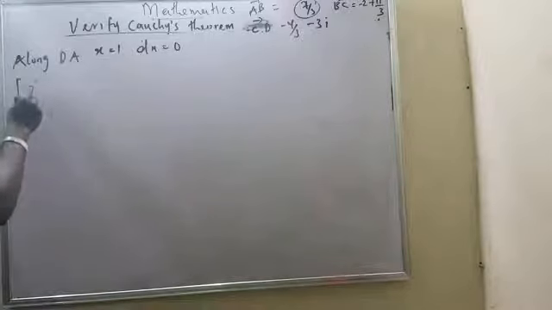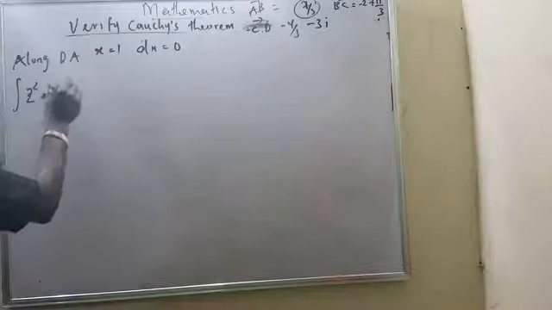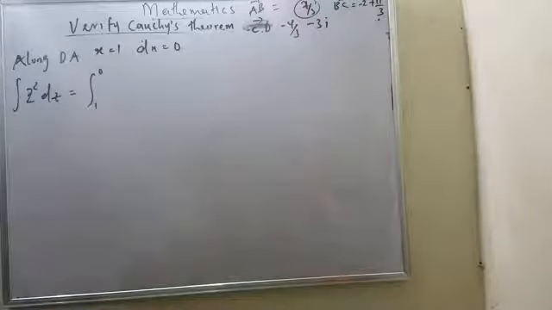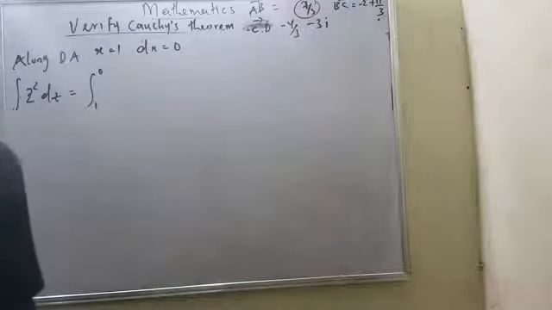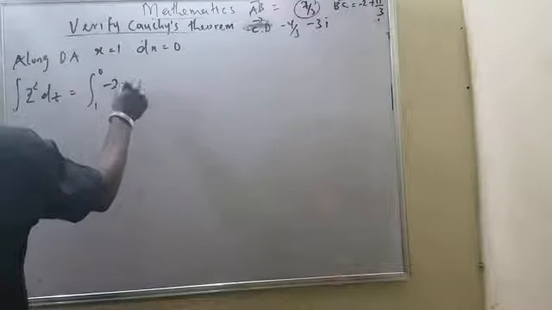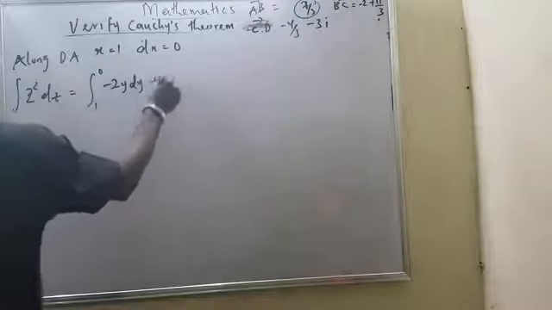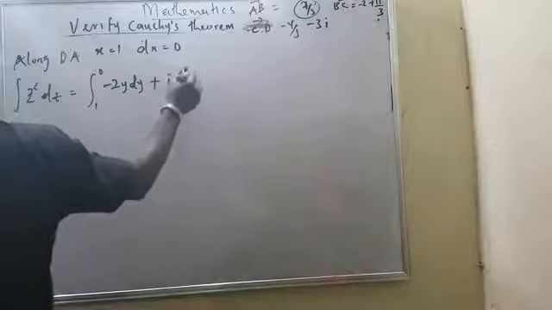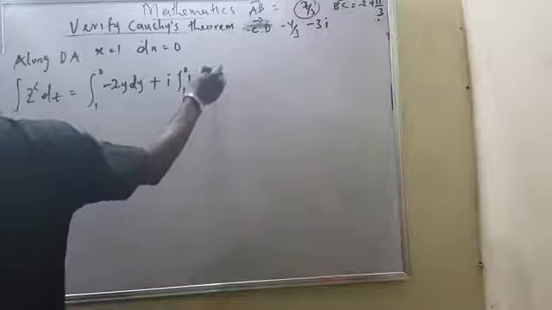Now, the integral of z squared dz will be equal to the integral from 0 to 1, because dx will be equal to 1. We have minus 2y dy plus i times the integral from 1 to 0 of 1 minus y squared dy.